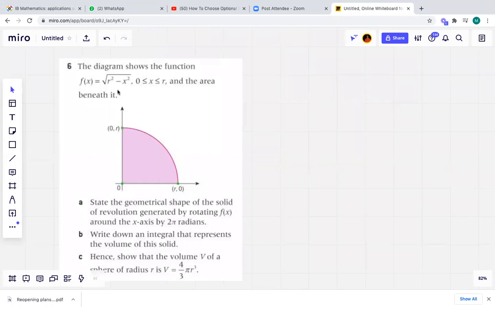The function is defined as under root r square minus x square. Now state the geometrical shape of the solid of revolution obtained by rotating f of x around the x-axis by 2 pi radians. Now, what do you understand by 2 pi radians?